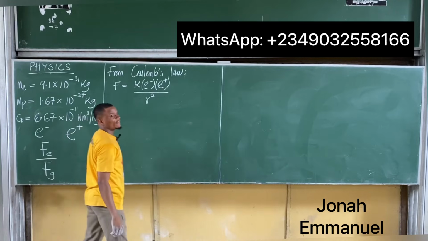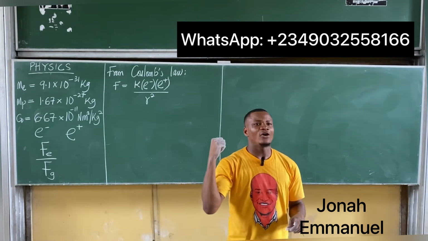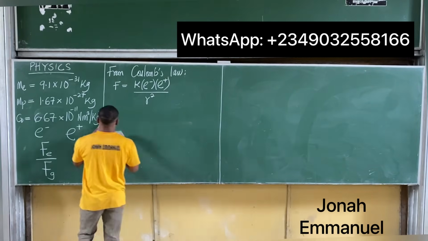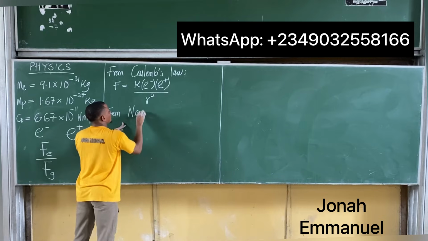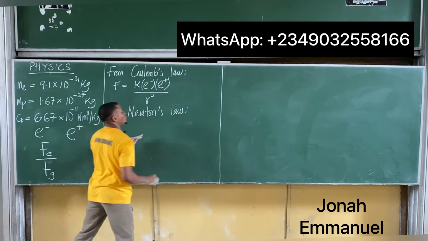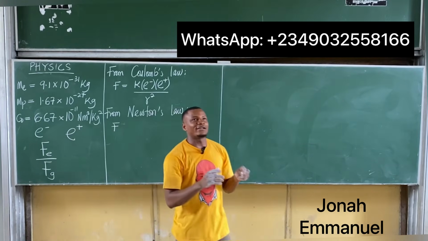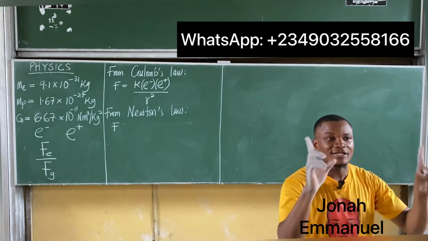When we say gravitational force, from your last semester work, who provided the law? Newton. Newton's law of gravitation. From Newton's law of gravitation, it states that the force, Newton's law and Coulomb's law are the same thing. The difference is in mass and the constant.